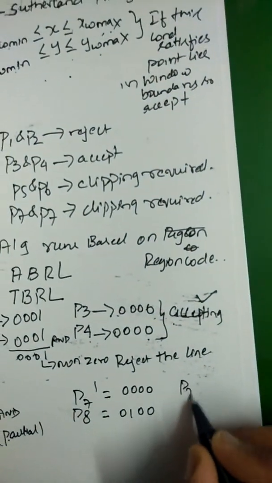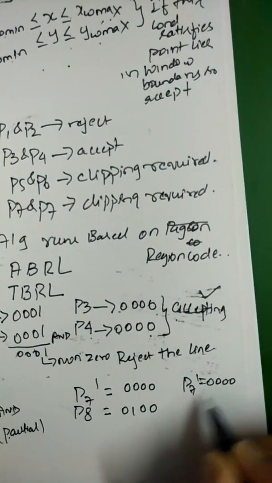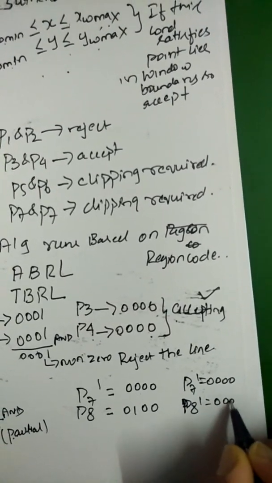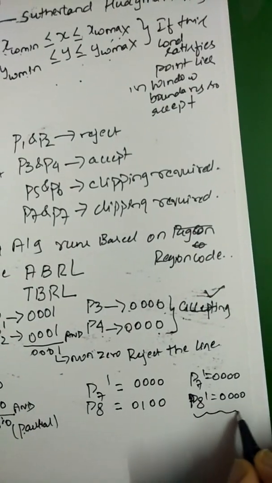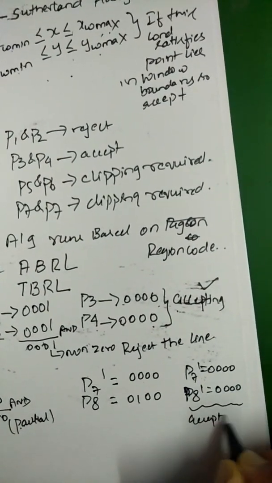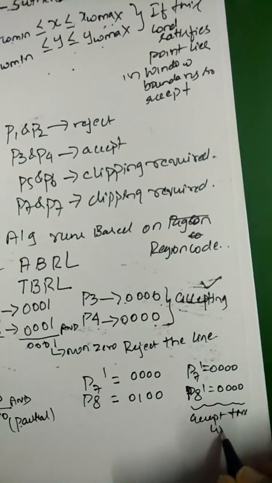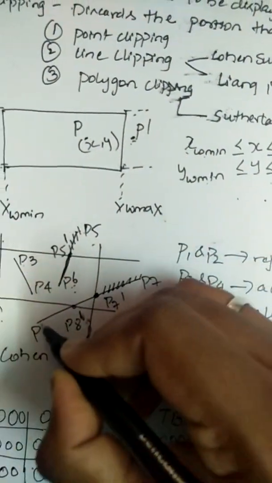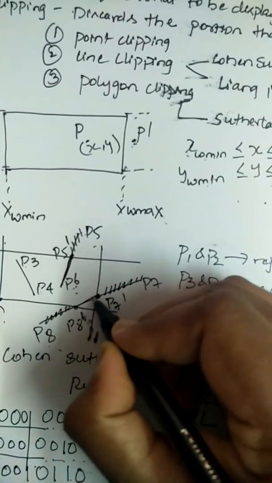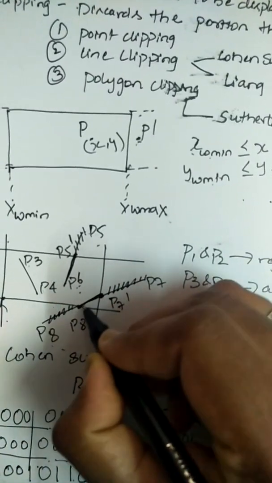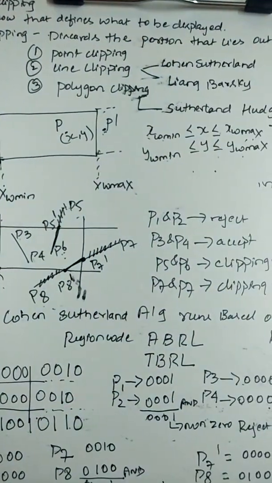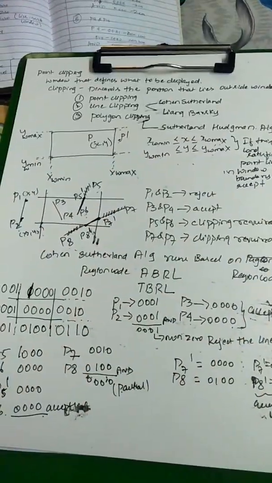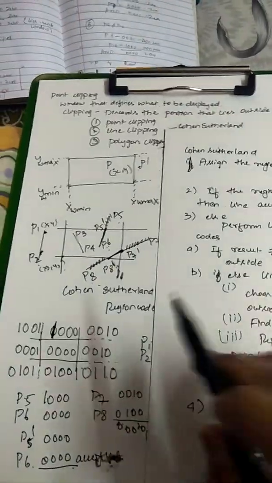In that case, P7 dash is 0000 and P8 dash is all 4 zeros. Now you can accept this line, where this will be clipped and we will draw only this portion, P7 dash to P8 dash. Now there should be a logic to find the intersection point.